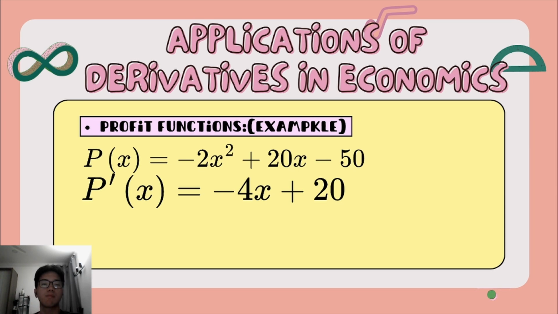And the third is the profit function, P(x) equals negative 2x squared plus 20x minus 50. The next step is P prime of x equals minus 4x plus 20.